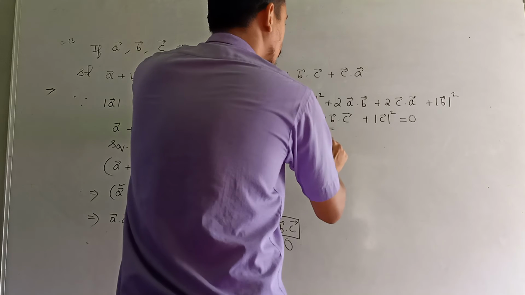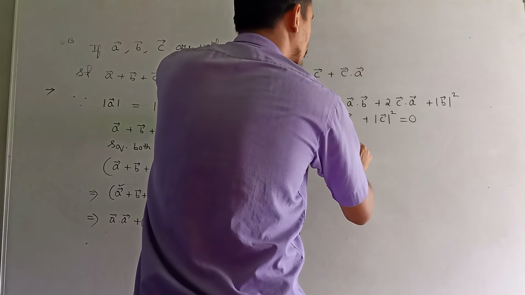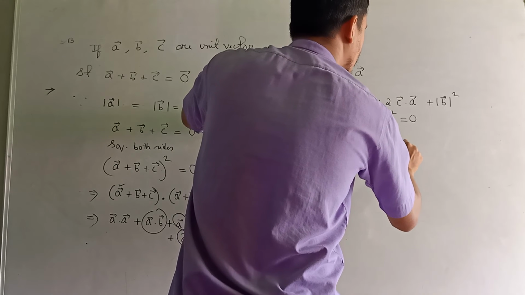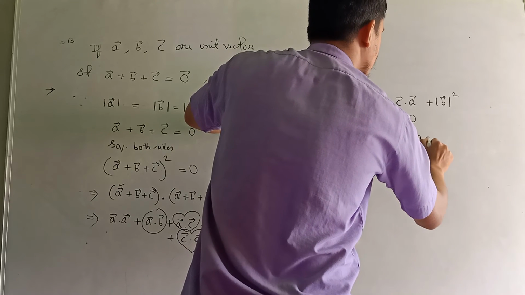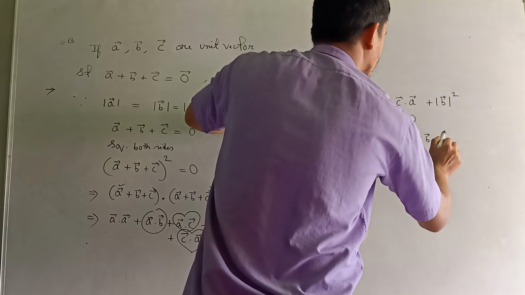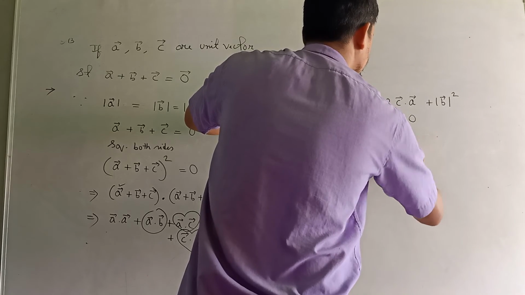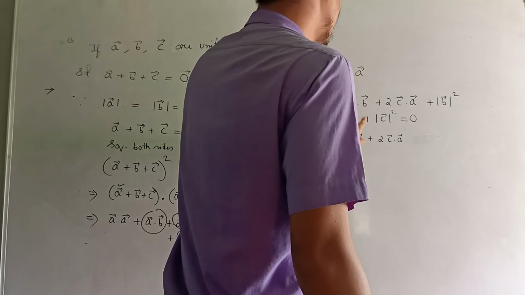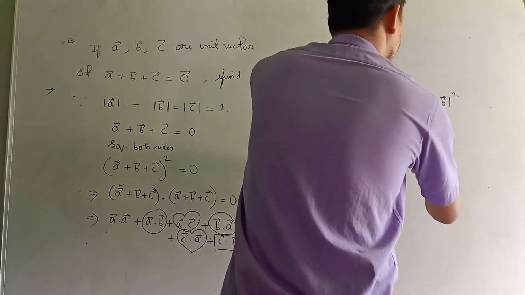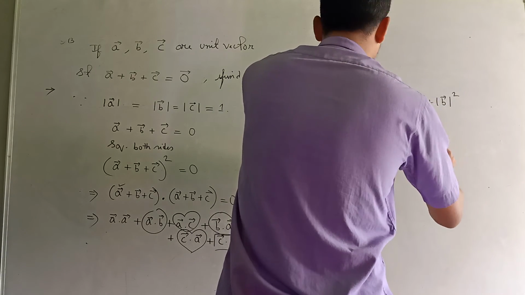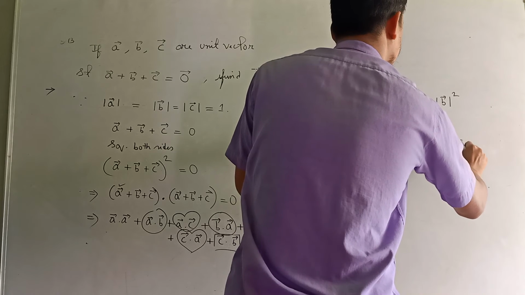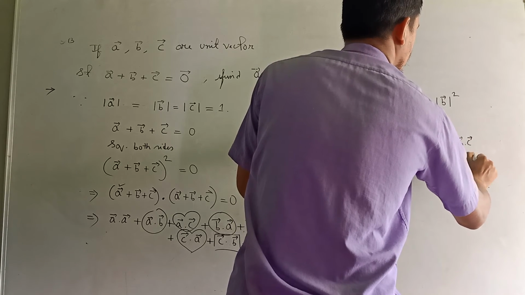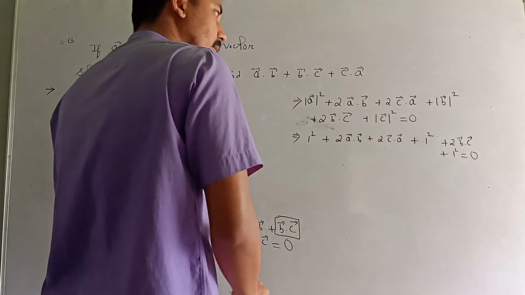So 1 squared plus twice A dot B, plus twice C dot A, plus 1 squared, plus twice B dot C, plus 1 squared is equal to 0, correct?